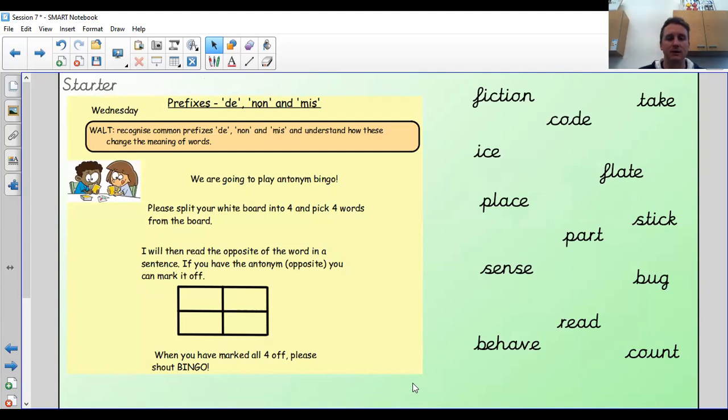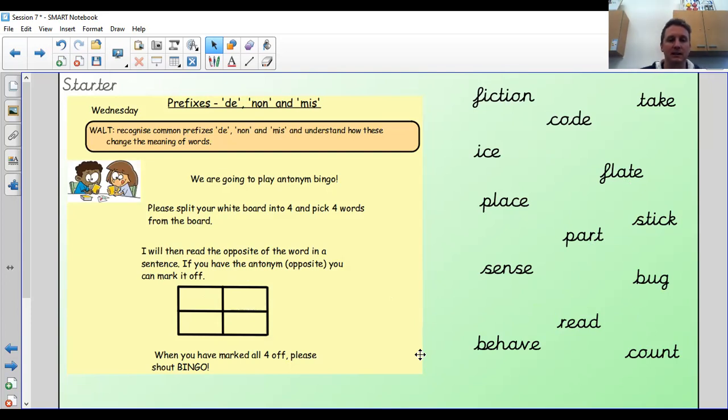I'm going to play a quick game with you. I would like you maybe to make a little grid like that, just a grid of 4. What I'm going to do is ask you to pick 4 of these words. Don't change them. Put any 4 of these words into the 4 boxes. Okay, I'm going to read the antonym.